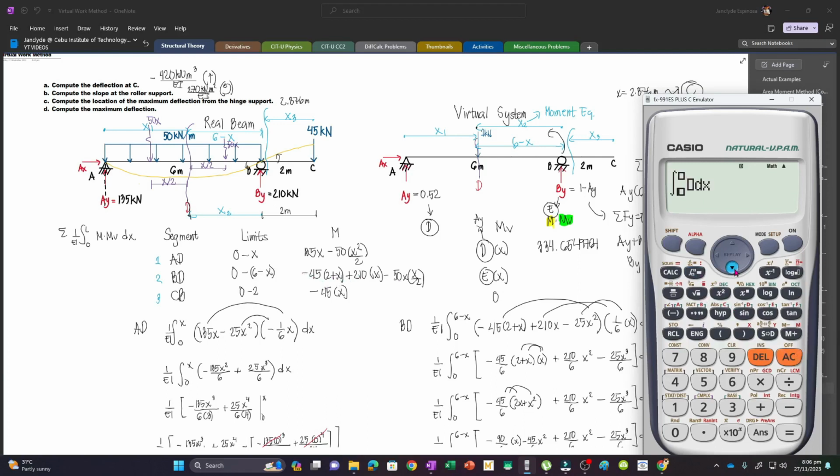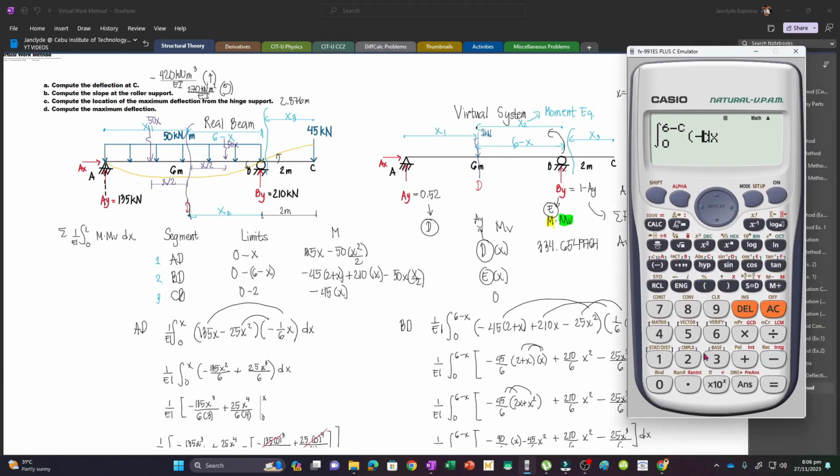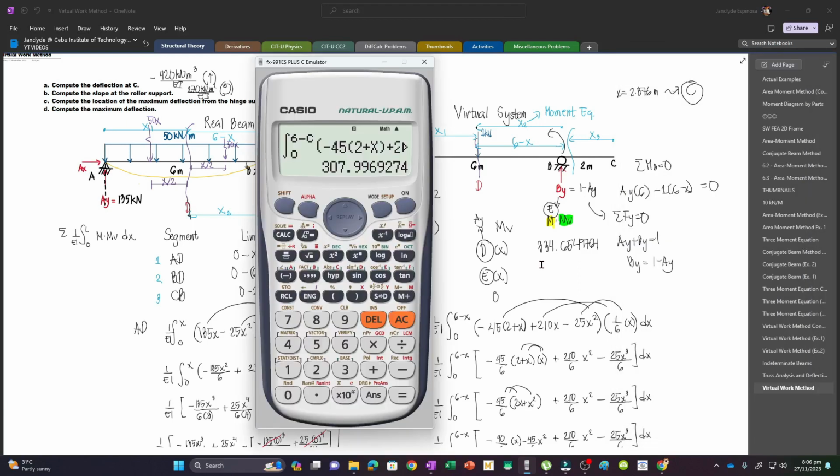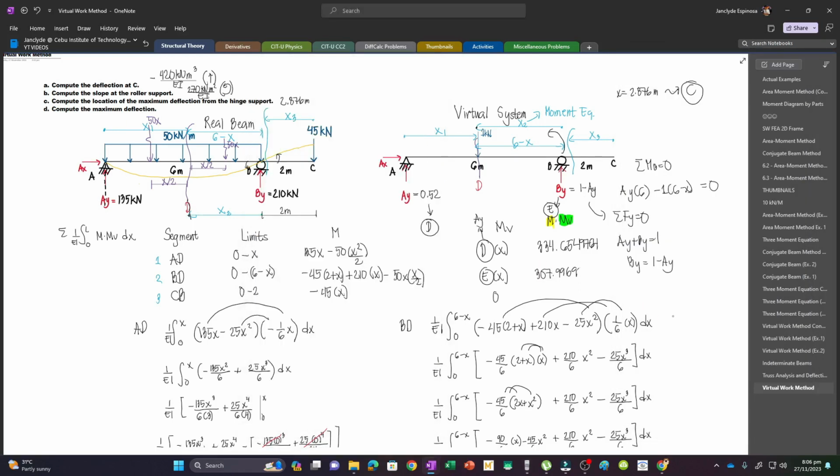And then, for the next one, this is what we type. Integral from 0 to 6 minus x, which is 6 minus C, of negative 45 times (2 plus x) plus 210 times x minus 25x squared. This is our M. And then our MV will be this expression, E times X, because again BY is stored in E. Press equals, and this is what you get, 307.9969274.